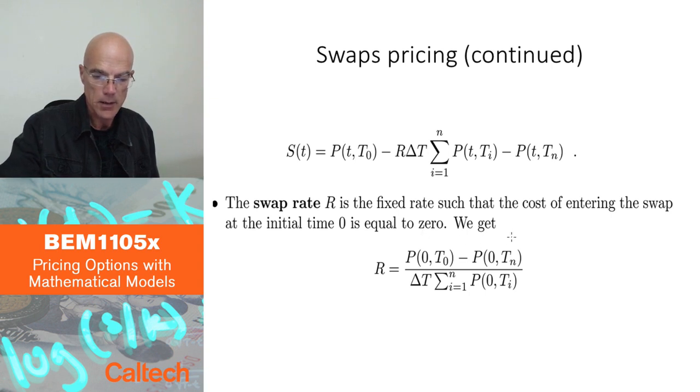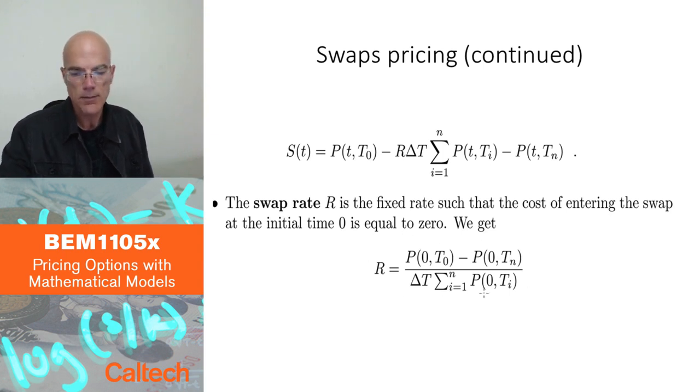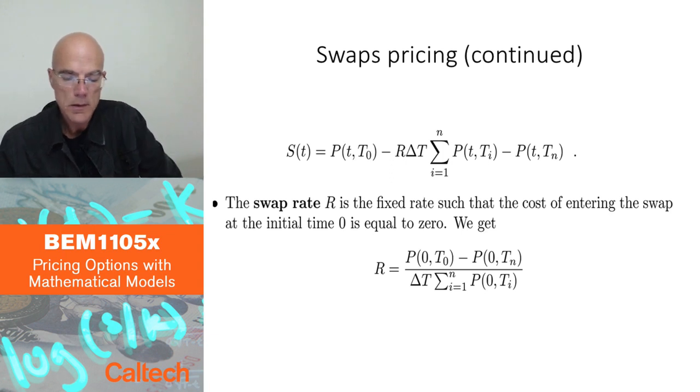If you put 0 for the value of the swap at time 0 and compute R from that equation, you're going to get this ratio. So this is the theoretical formula for what the swap rate should be in a perfect market in terms of default-free zero coupon bonds paying $1.